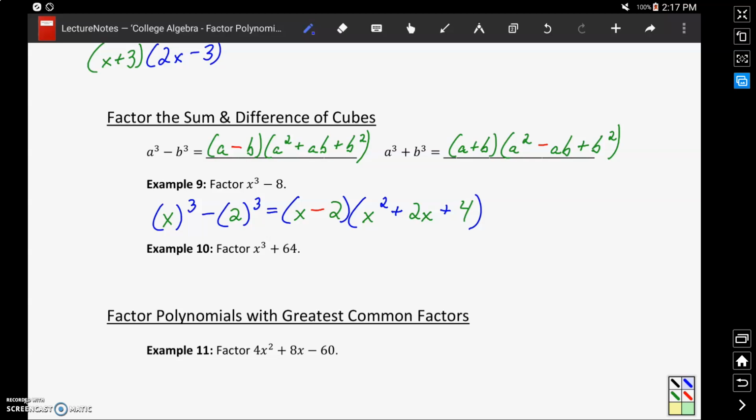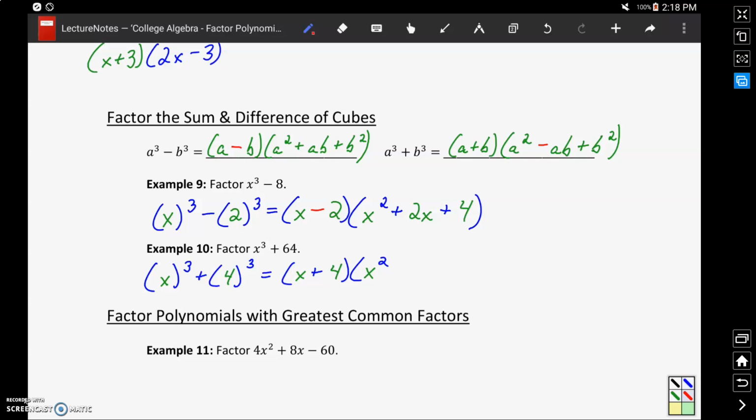Similarly, for x cubed plus 64, we could rewrite this as the quantity x raised to the third power plus 4 raised to the third power, which would then factor as x plus 4 times the quantity x squared.